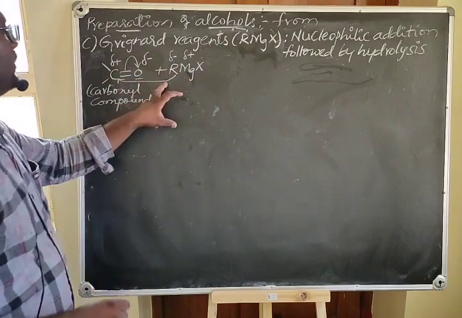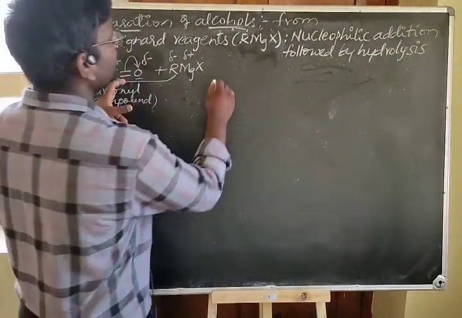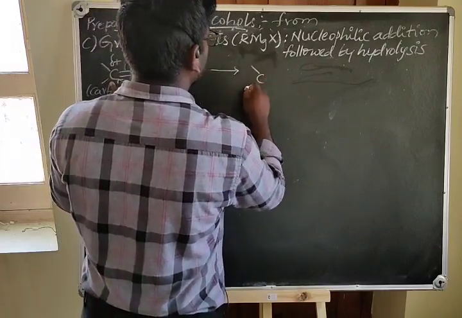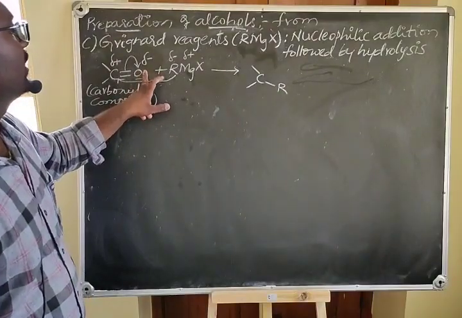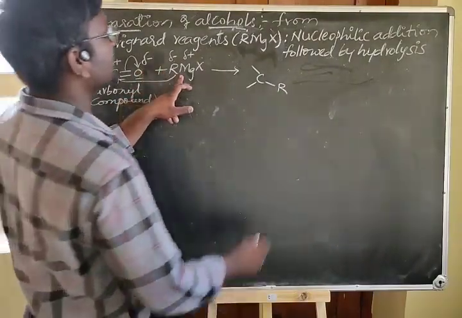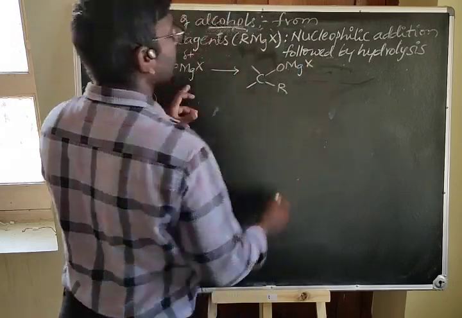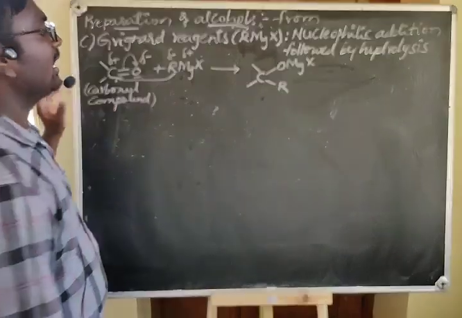Here R minus, that is the alkyl part, will join the carbonyl carbon. You will get it like this, and the negative oxygen will take that Mg, so it will be OMgX. Now this is called the addition product, or an adduct.